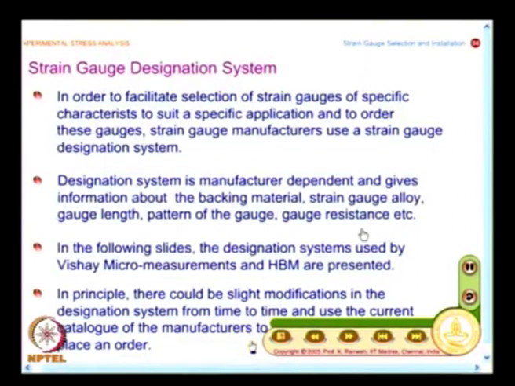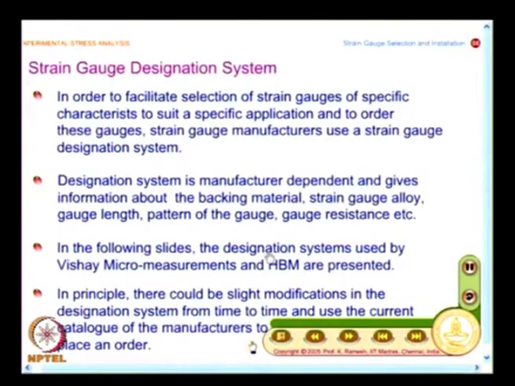And for these discussions, I have the designation system from Vishay Micro Measurements and HBM, and you can also look at other manufacturers. You have a manufacturer from Japan, and you should also keep in mind these discussions are to give you an idea of how you can go about it, and there could be slight modifications in the designation system from time to time, so use the current catalog of the manufacturers to place an order.